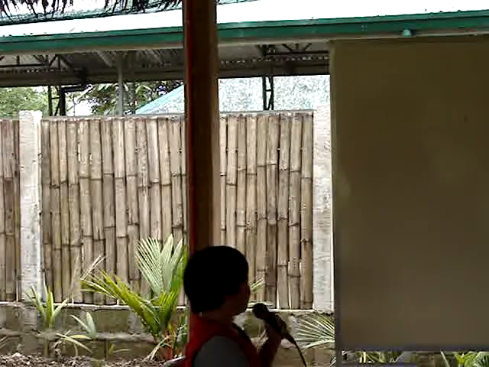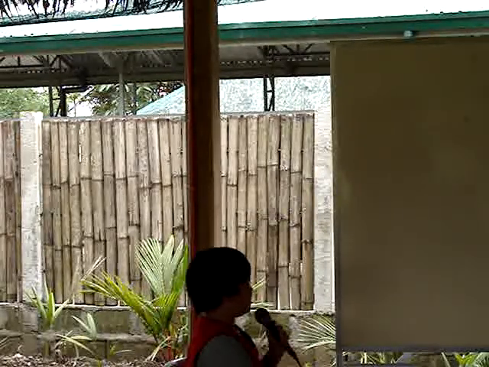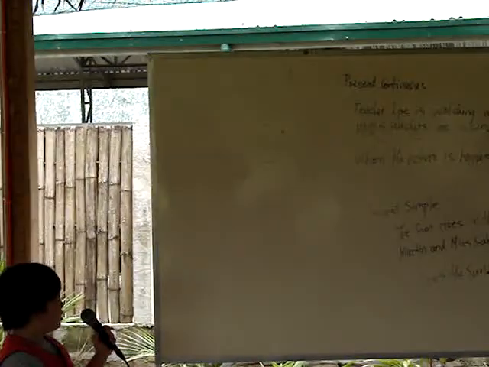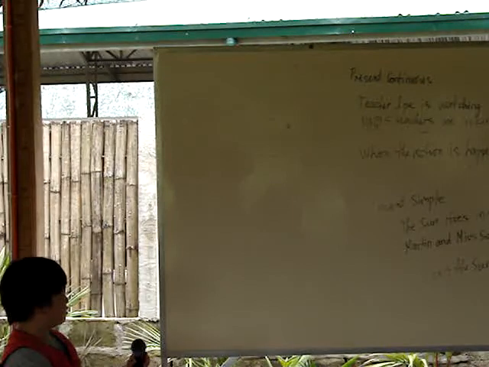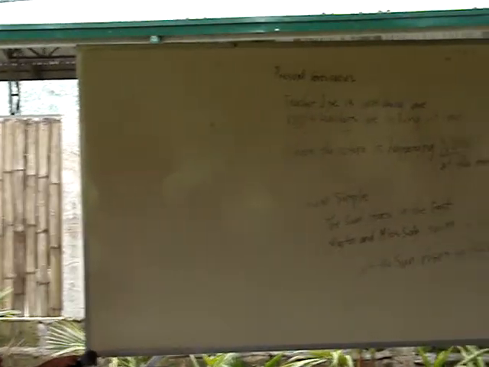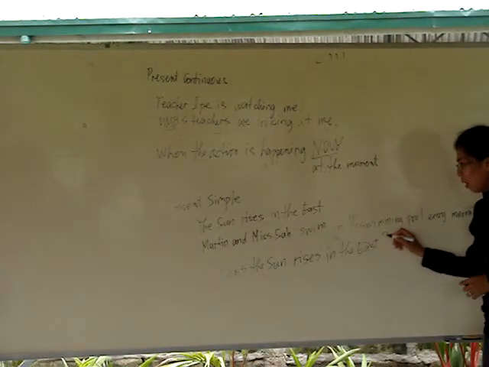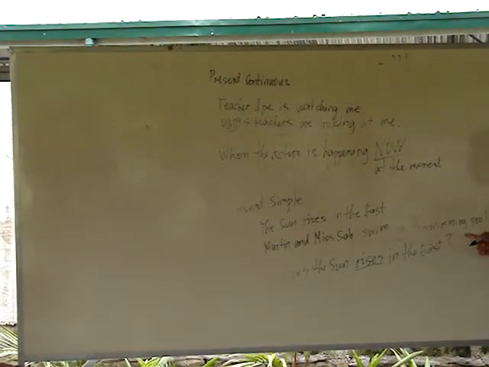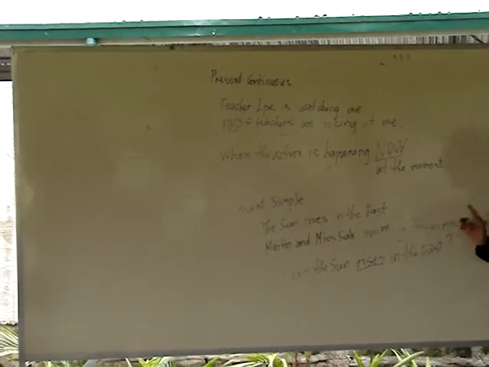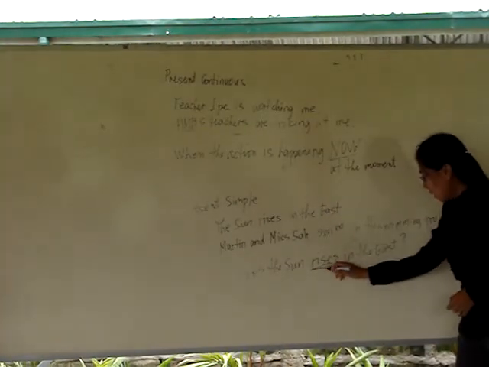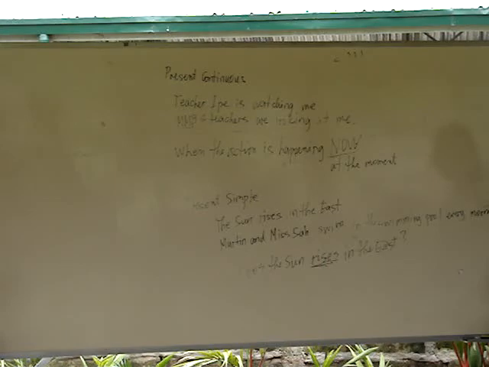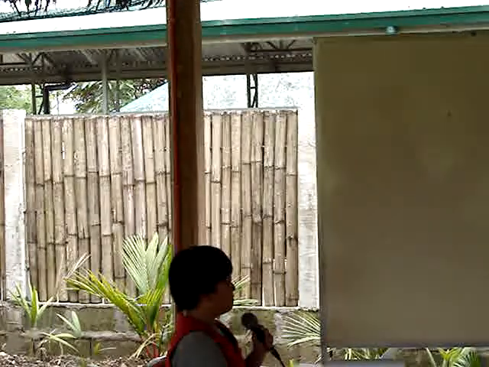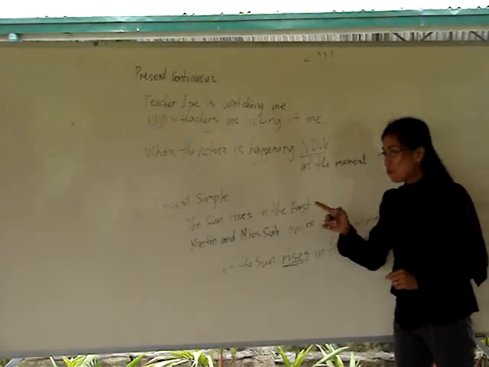Does the sun rises in the east? The sun rises in the east. Look at the verb. What's wrong with that? Rise. Why should we write rise, not rising? Because does is original form. To use that, we have to use the original form of the verb.